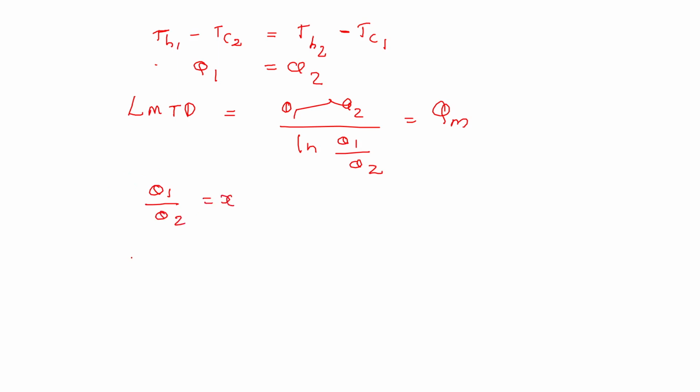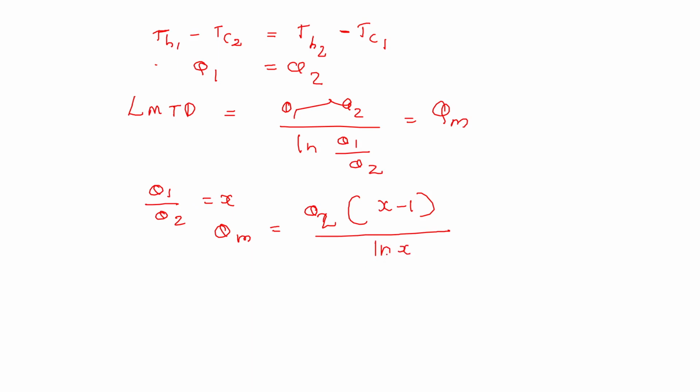Then theta m is (theta 1 minus theta 2) divided by log x. Change everything in terms of theta 2: theta 1 is equal to theta 2 times x, so you can write it as theta 2 times (x minus 1) divided by log x.